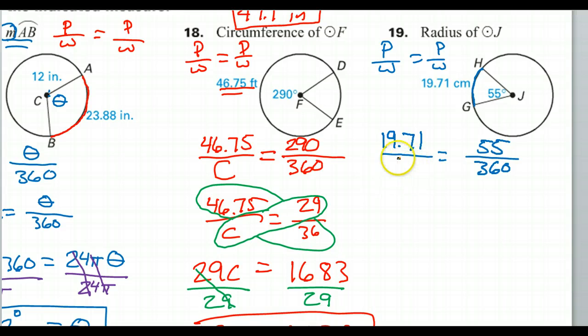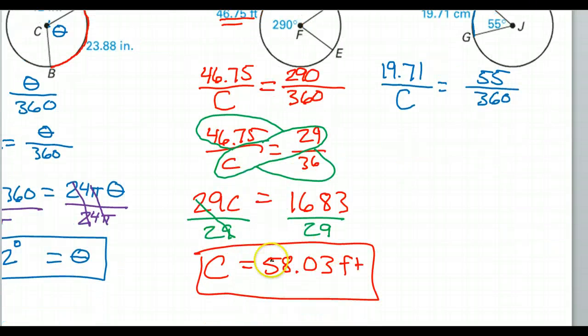Now, what goes here is the whole length, also known as the circumference. I'm just going to put a big C here. Again, don't just put X. If you put X and you find it, you're going to forget and you're going to think that that's the final answer, and it isn't. Because unlike the last problem where we were being asked to find the circumference, so when we found the circumference, we went, yay, we're done.